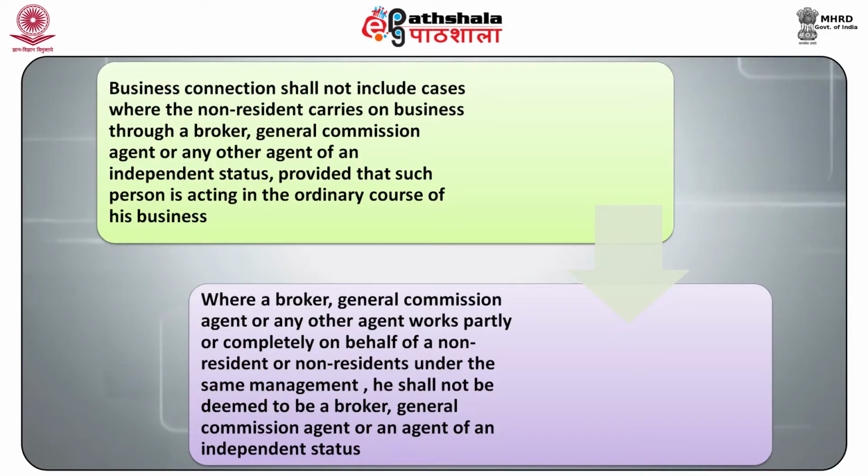Business connection shall not include cases where the non-resident carries on business through a broker, general commission agent or any other agent of an independent status, provided that such person is acting in the ordinary course of his business.